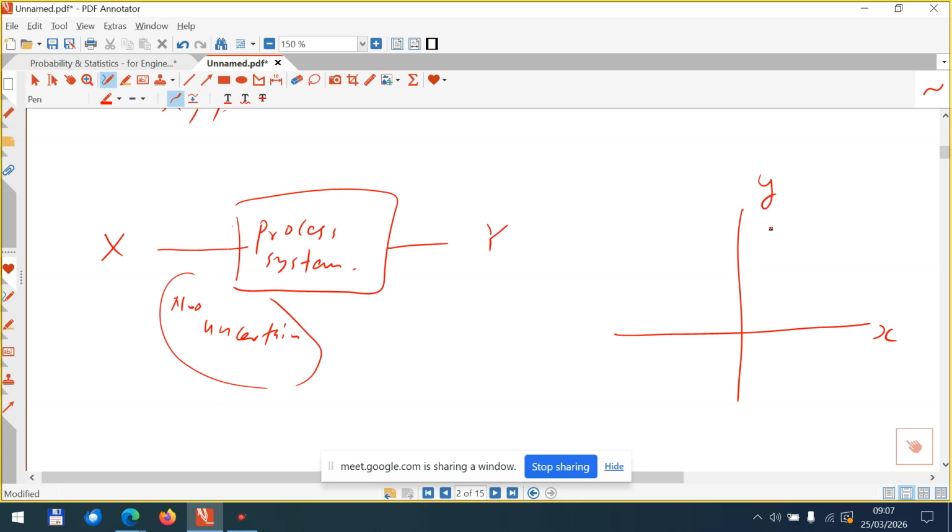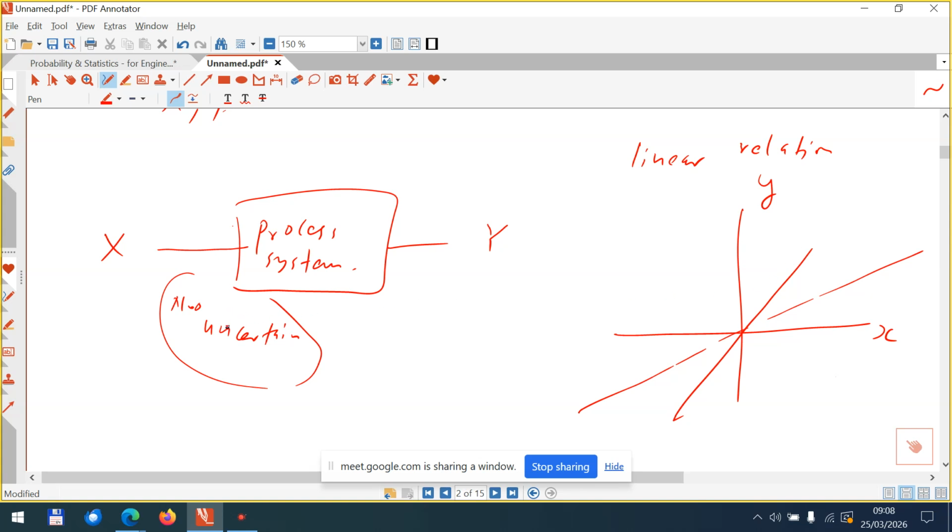What kind of relationship between x and y if there was no randomness? You would expect some straight line, right? Something like that, of any slope. These are called linear relationships. You already know it from signals and systems.